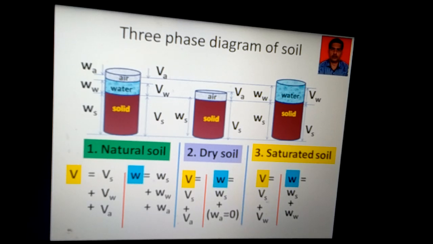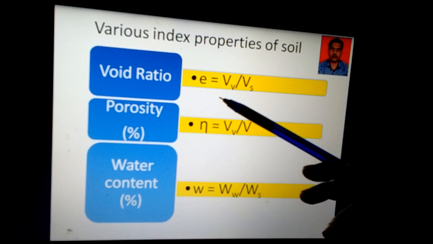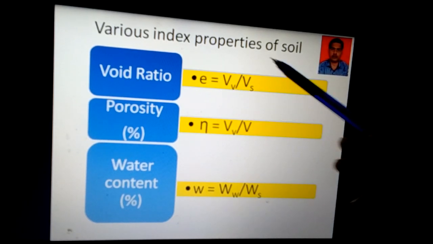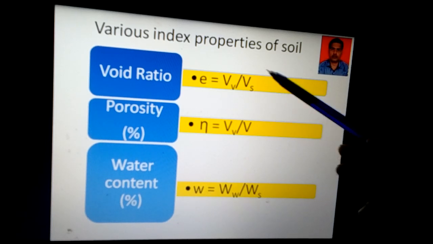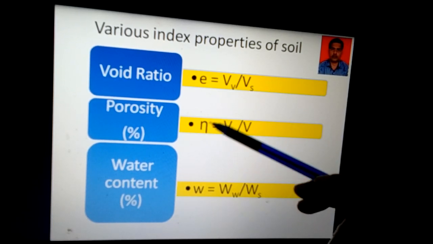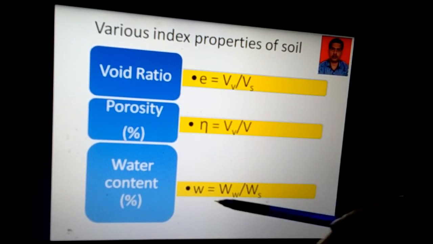Now by using various volume and weight quantities, we can define so many index properties in soil. So first one here is void ratio, denoted as small e, a ratio of volume of voids and volume of solids. Porosity, denoted as small n, or you can say eta, a ratio of volume of voids and total volume.